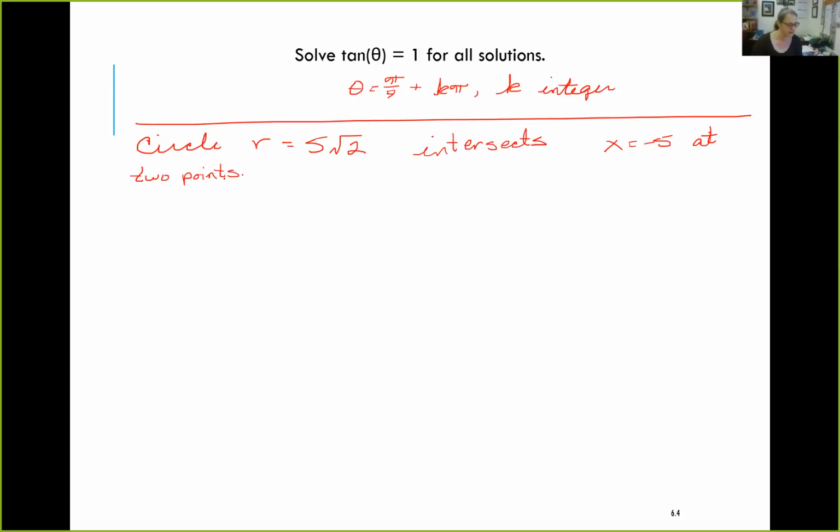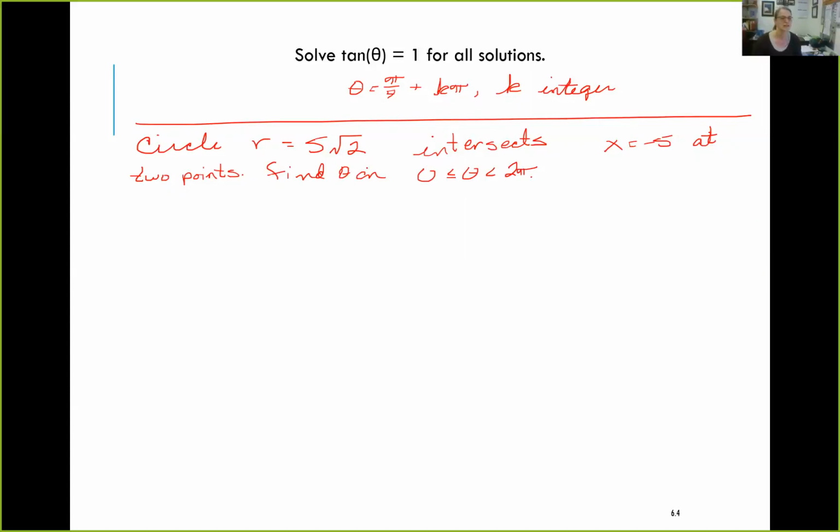We want to find the angles associated with those 2 points on the interval 0 to 2 pi.